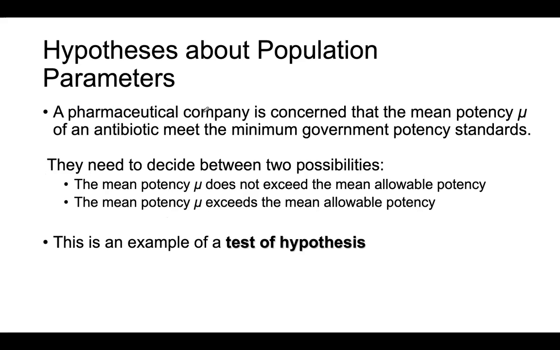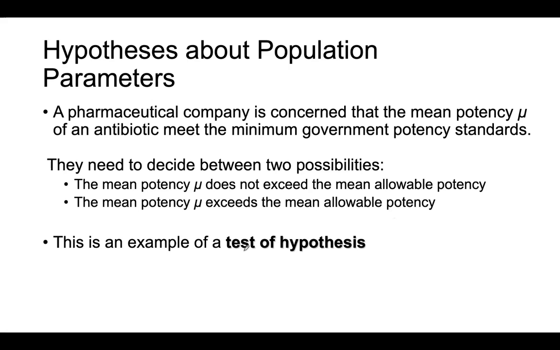Suppose you have a pharmaceutical company, and it's concerned about the mean potency mu of an antibiotic. Does it meet the minimum government potency standards? You can almost think of this as 2 possibilities. The mean potency mu does not exceed the mean allowable potency, or the mean potency mu exceeds the mean allowable potency.